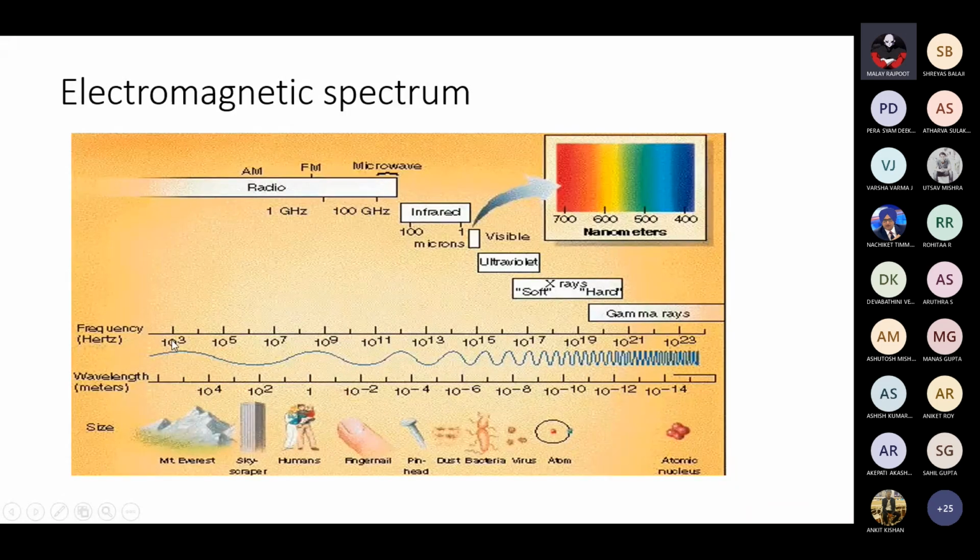At low frequency, the instruments will be big. If you see televisions or radio, the instruments that are used will be big. As the frequency increases, the instrument used will gradually decrease. So that is how this is relating. This picture relates the frequency with the size of the instrument, and also the wavelength. Wavelength is inversely proportional; the wavelength will decrease.